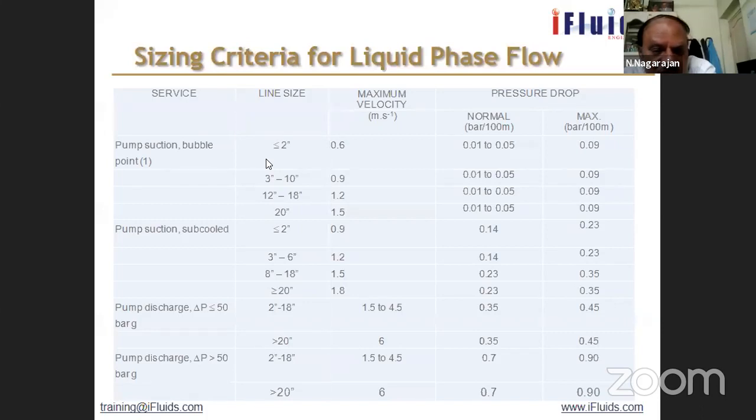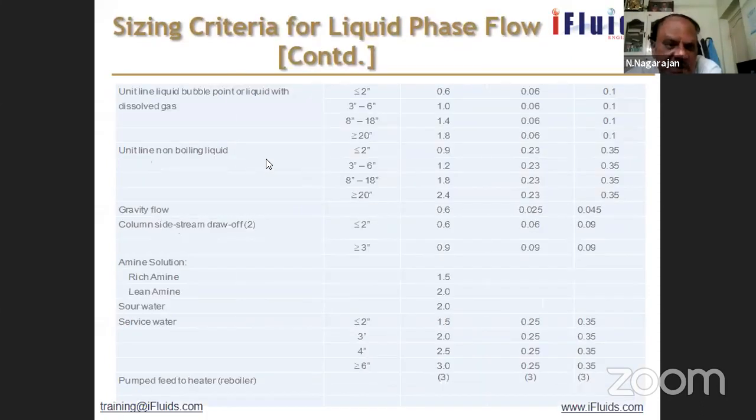When we revamp a plant, when we work on an existing plant where we want to do some modifications, increase the plant capacity, etc., then we allow a higher velocity. We don't want to change the pipe just for a slight increase in the velocity. So these tables give you, for different scenarios and types of operations, what velocity is allowed.